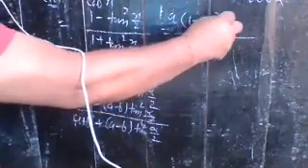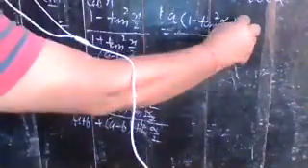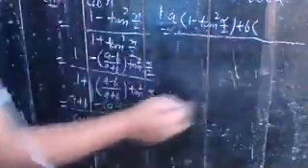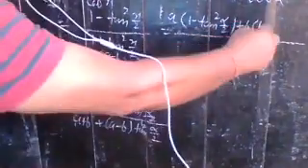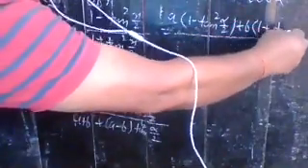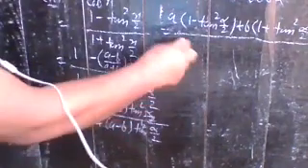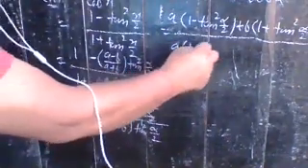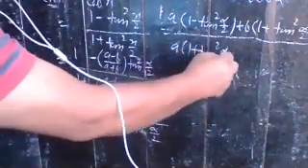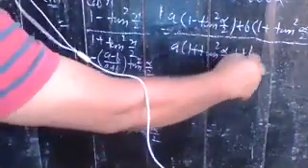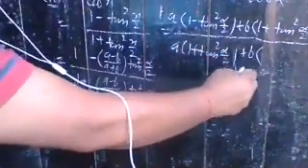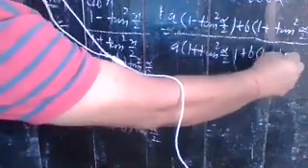And if you take b common, write plus b into (1 plus tan square alpha by 2). In the same way, in the denominator, a common gives 1 plus tan square alpha by 2, and b common gives 1 minus tan square alpha by 2.